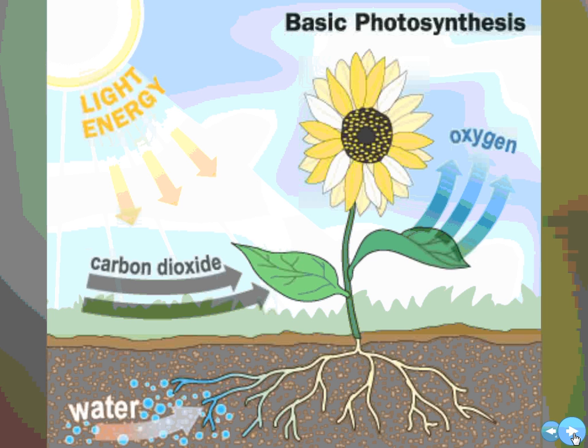Okay, you need to draw in this picture of basic photosynthesis. Your artwork does not have to be perfect, but I want you to get the gist of it in. Make sure that you label light energy, carbon dioxide, where it goes in, water, where it goes in, oxygen, where it comes out.